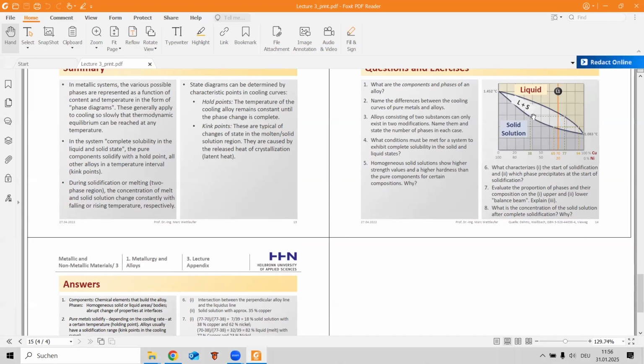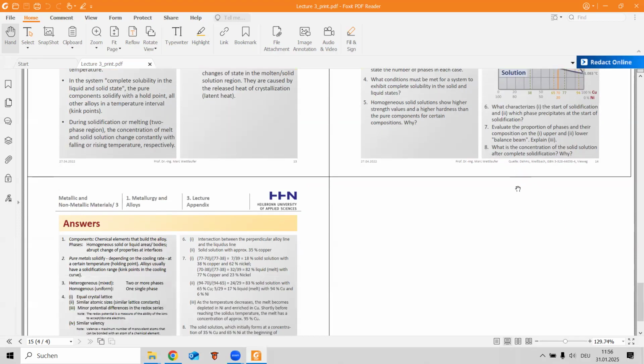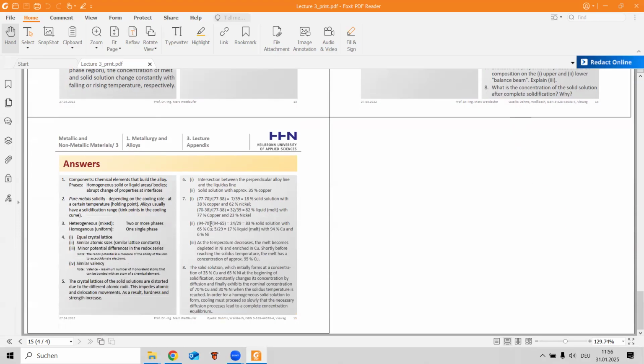And the third: 83% solid solution with 65% copper, and 17% liquid melt with 94% copper and 6% nickel.